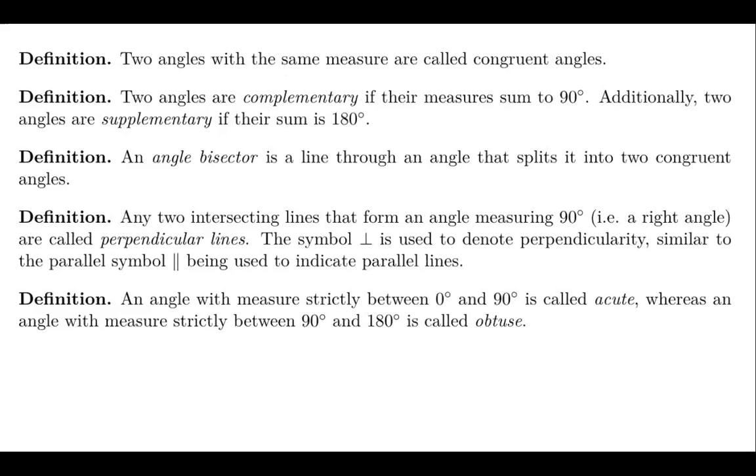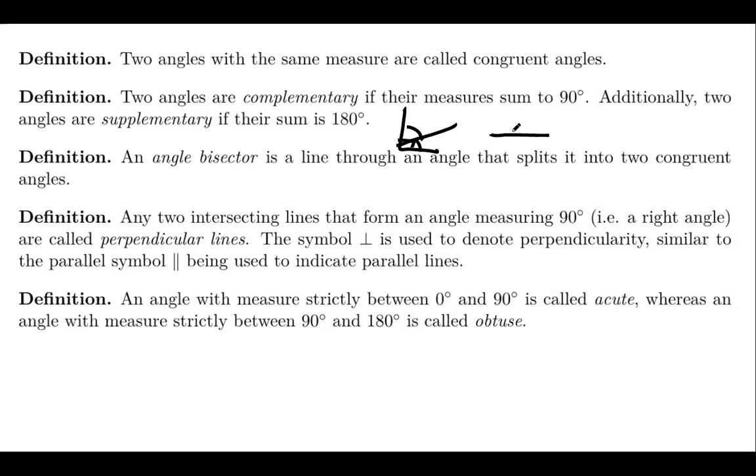Okay, and then we'll just do a few quick definitions. Two angles that have the same measure are called congruent angles. And two angles are complementary if their measures sum to 90. For example, if we have this right angle here and we draw a line through it, these two angles here are complementary. And two angles are supplementary if their sum is 180.